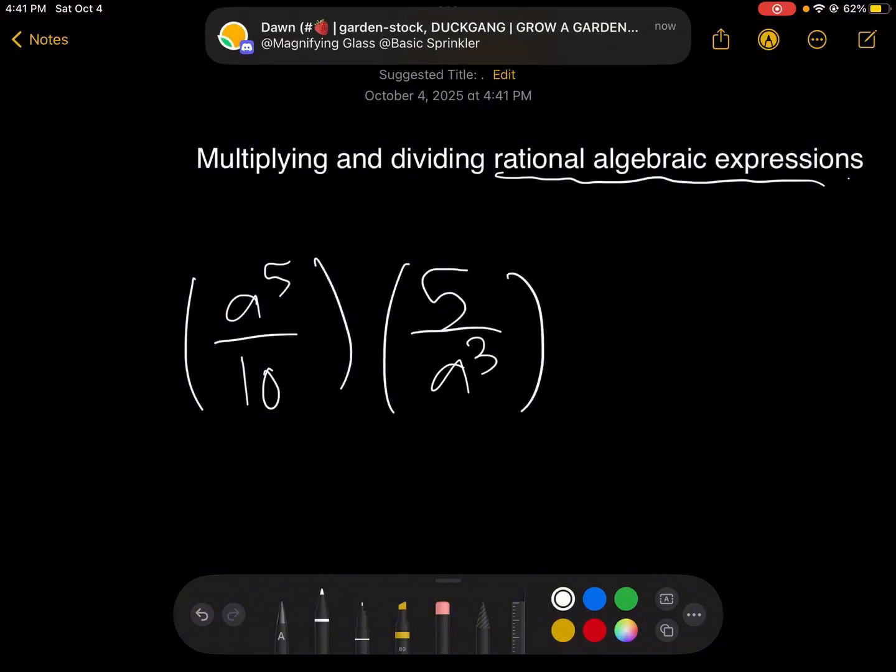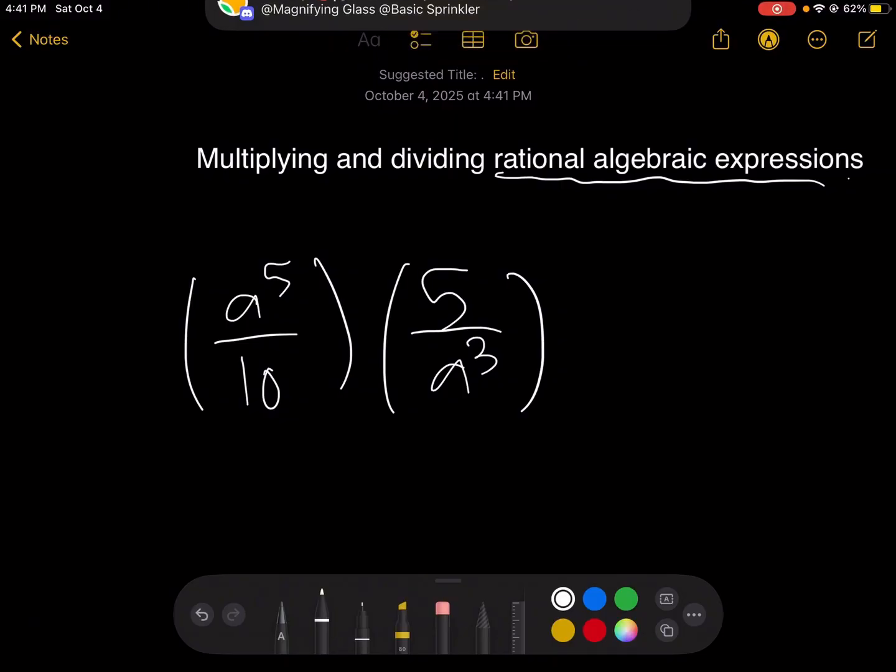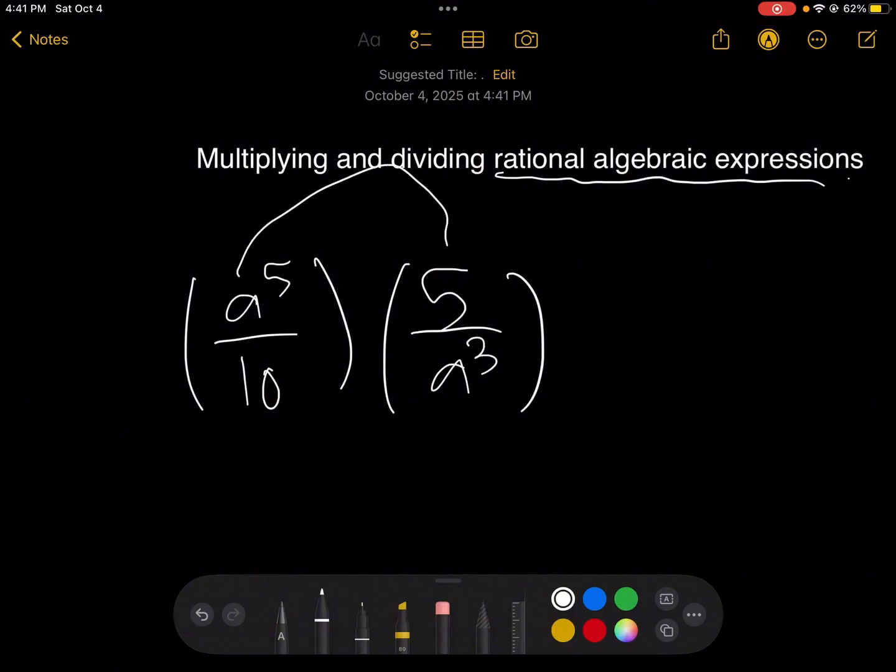Okay, like multiplying normal fractions, you multiply the numerator by the other numerator, and you multiply the denominator by the other denominator. Basic skills of multiplying terms.